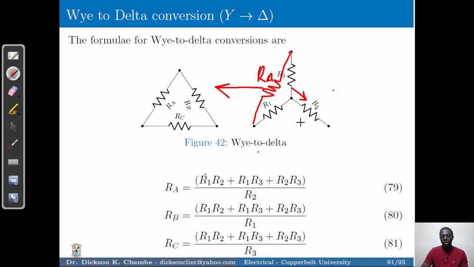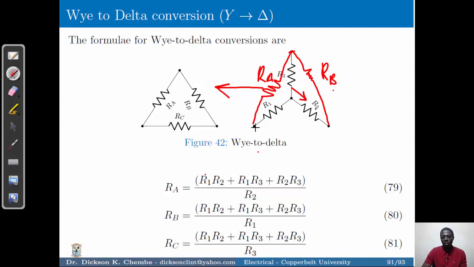Now, if we are looking for the resistance for RB, which is between R3 and R2, the resistor opposite that is R1. So this is RB. The resistor opposite RB is R1. That is our denominator. And then the sum of the products R1, R2, R1, R3, R2, R3 stays the same as the numerator.